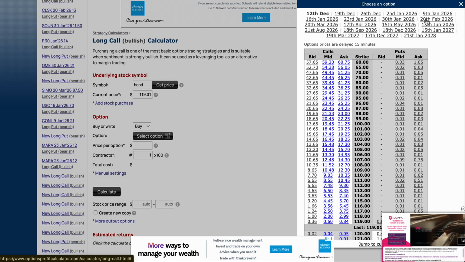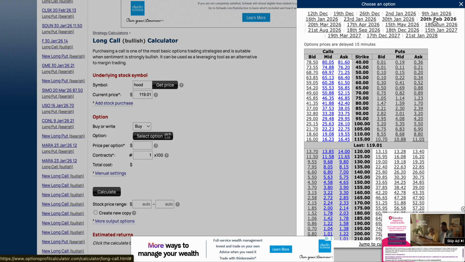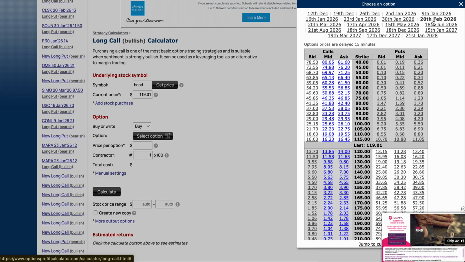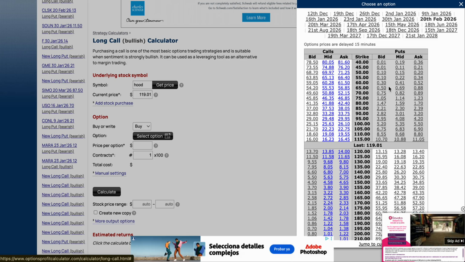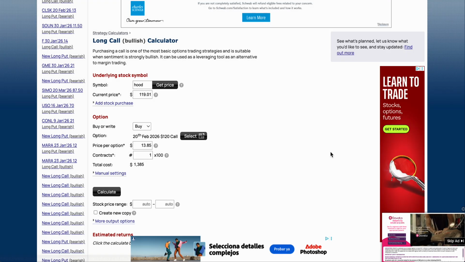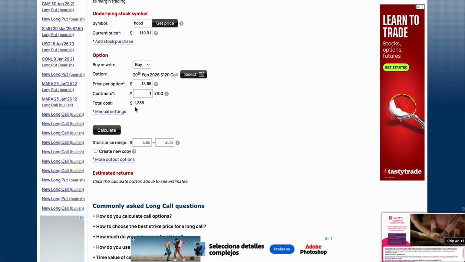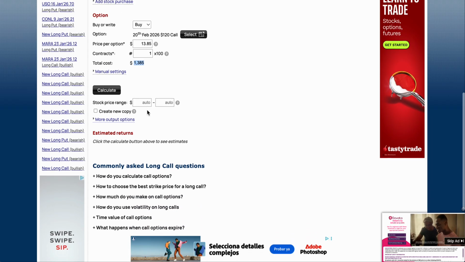But 1 to 2 months is generally going to be my minimum trade time. I typically go at the money and just take the cheaper option. So right now it's saying one option will cost 1,400 almost.